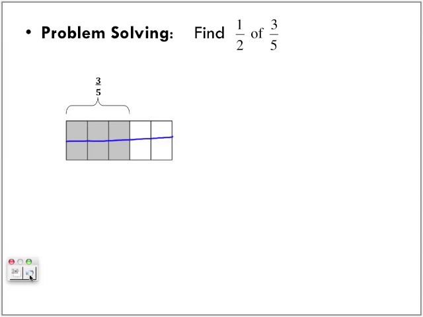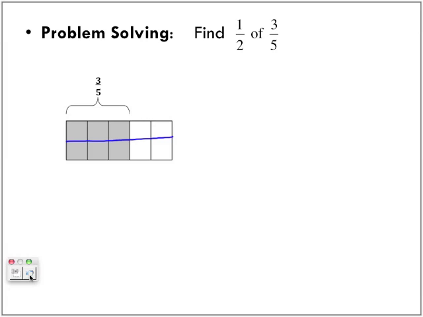How many equal pieces are we referring to now? We're referring to 10 equal pieces. Once we cut it in half, what do we end up getting? If we're referring to only half of that, how many pieces are really shaded?